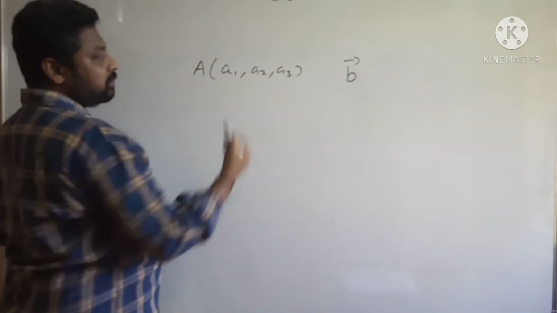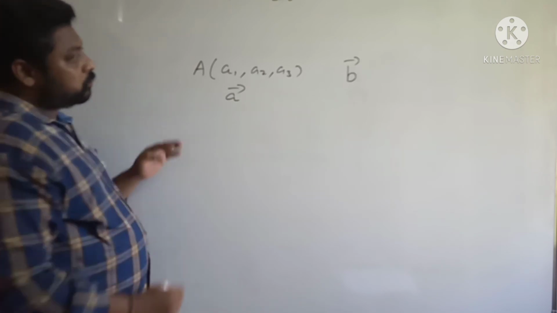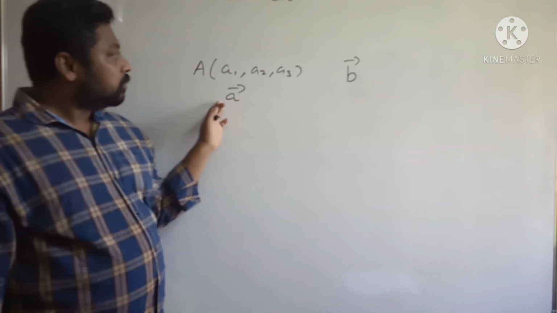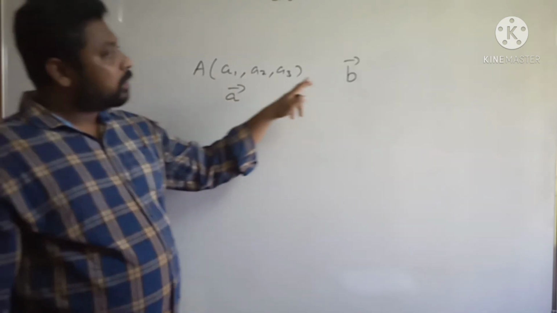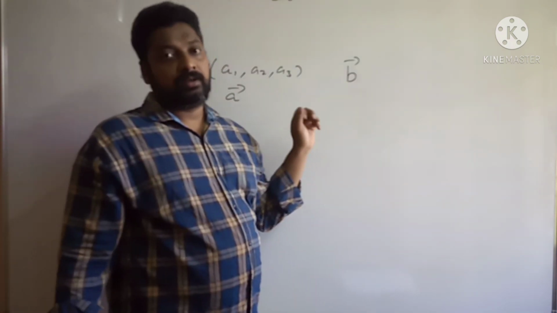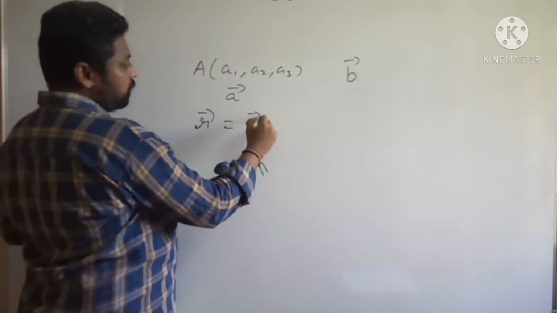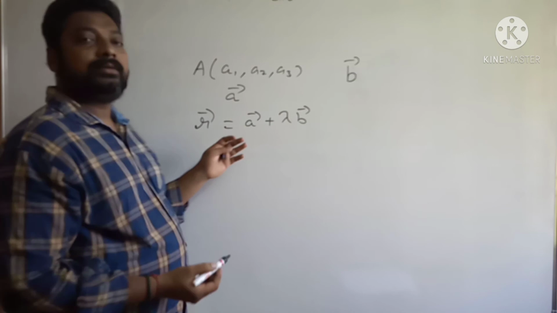A1i plus A2j plus A3k. Let the position vector be A vector. From the given point we find the position vector A. The line passes through this point and is parallel to the B vector. So what is the equation? R vector is equal to A vector plus lambda B vector, where lambda is a scalar.